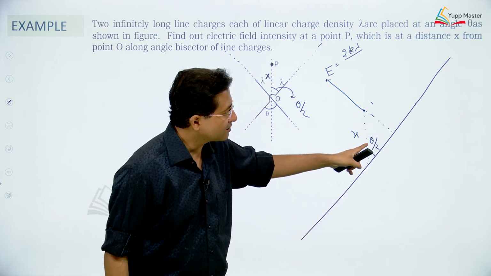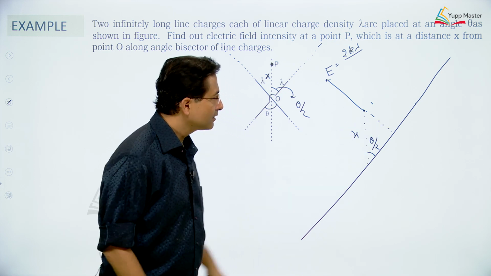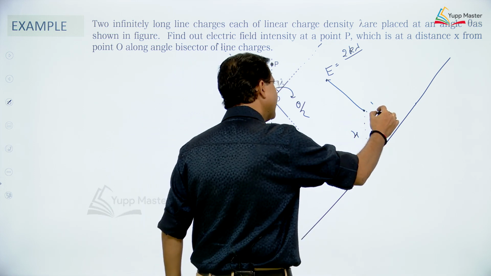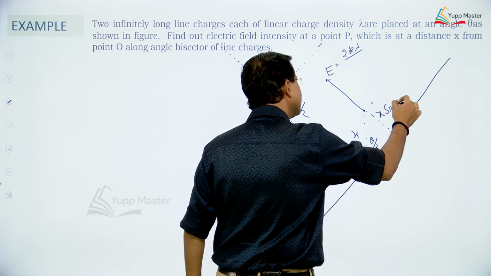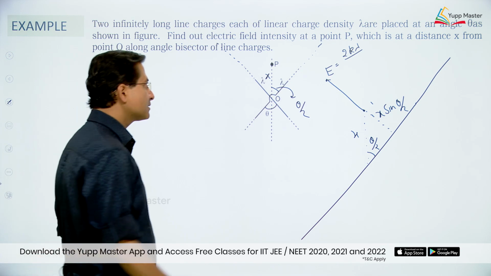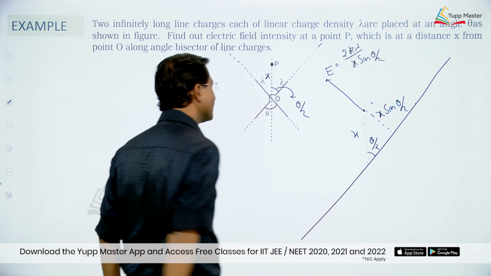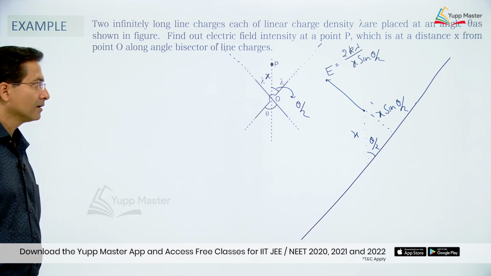So if this is x and this is theta by 2, then the perpendicular distance will be x sine theta by 2. I hope this point is clear, right.